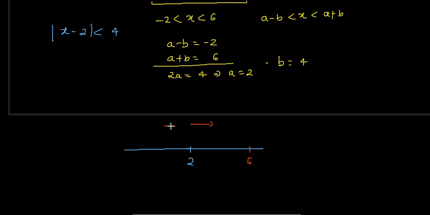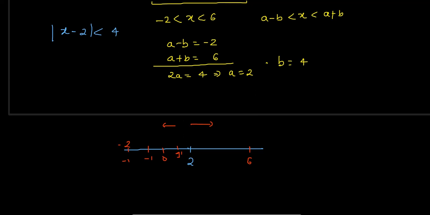But if I am moving 4 units towards the left, this is 0, this is minus 1, and this is minus 2. So 4 distance to the right is 6, and 4 distance to the left is minus 2.